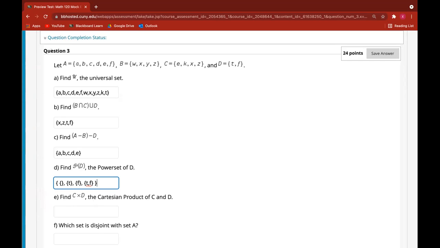Now I see people have the answer: the set containing T, the set containing F, the set containing T and F, and then you should have the empty set instead of the set containing the empty set. You don't have another empty set inside. Okay.